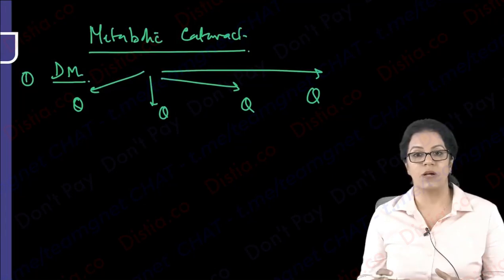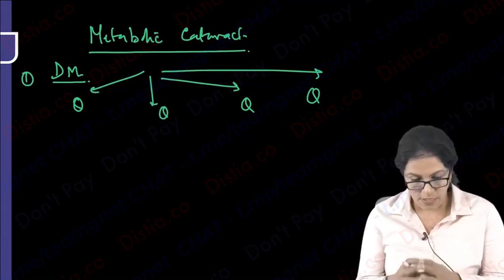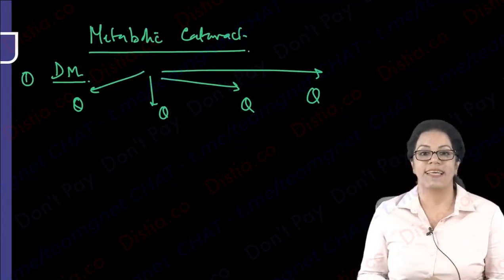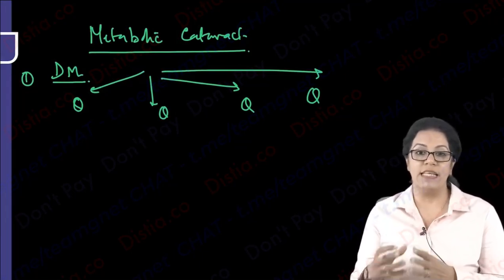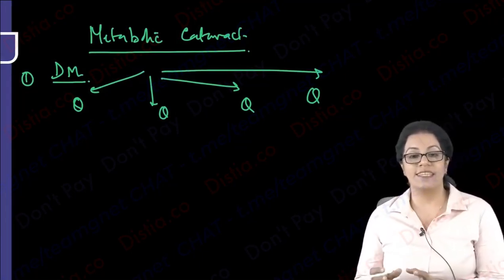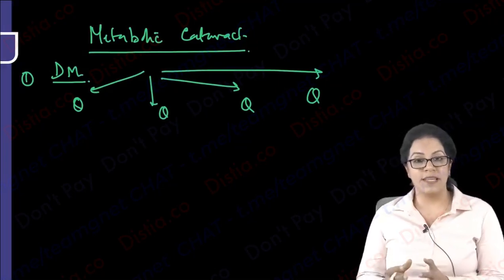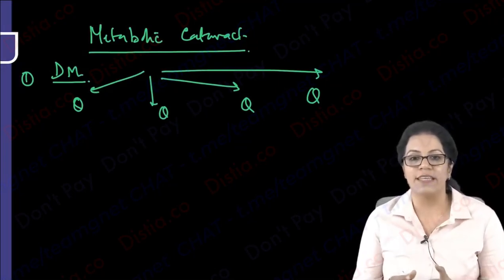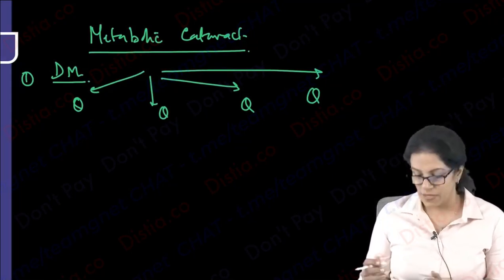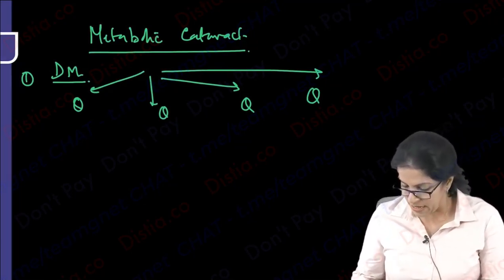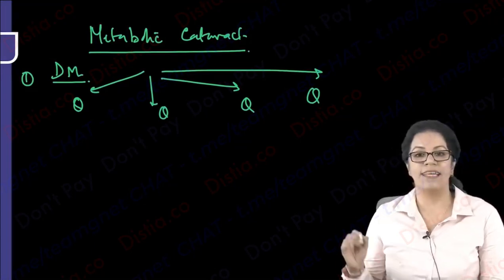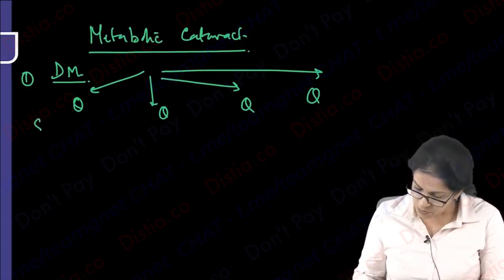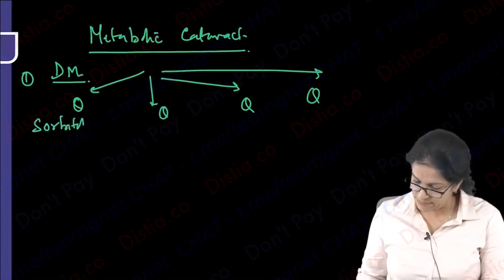When all are exhausted, what is left is the sorbitol pathway, and there is sorbitol accumulation in the lens. This sorbitol is very hyperosmotic. It is going to imbibe water, leading to cataract. So diabetes mellitus, first question, why cataract? Write down: due to sorbitol accumulation.